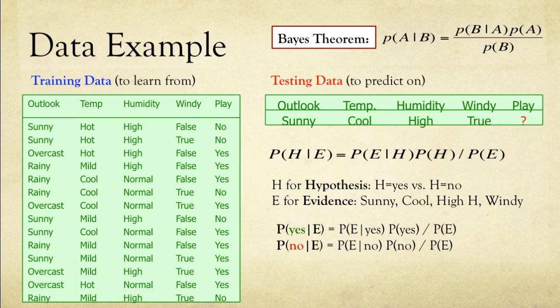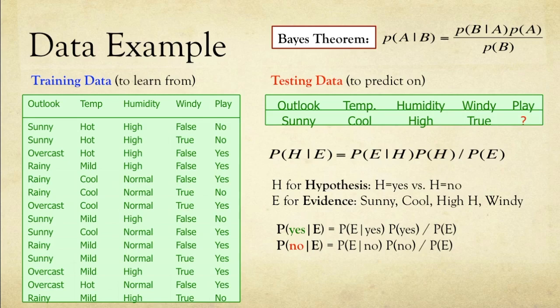Ultimately, if P(yes given evidence) is greater than P(no given evidence), then we can predict yes, and vice versa. So what matters here is which value is relatively greater.